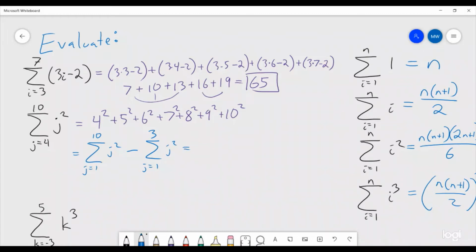Well, j equals 1 to 10, that matches up with this sum right here. So we can just plug in our different values. So we got 10 times (10 plus 1) divided by 2 minus 3 times (3 plus 1) divided by 2. We evaluate that. 10 times 11 over 2, that's 55.